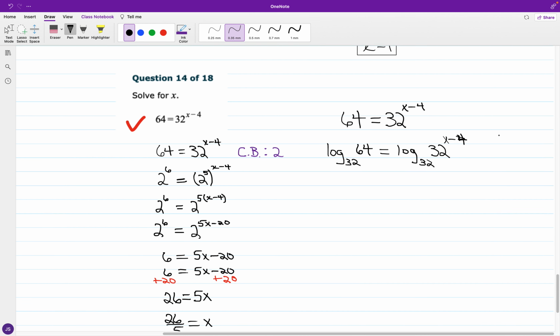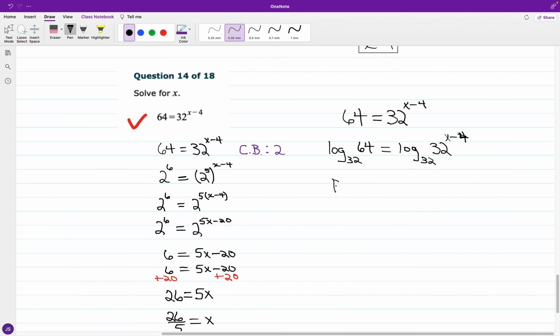taking this route, you're going to have the base 32 logarithm of 64 is equal to, with the logarithmic and exponential bases canceling out, x minus 4.